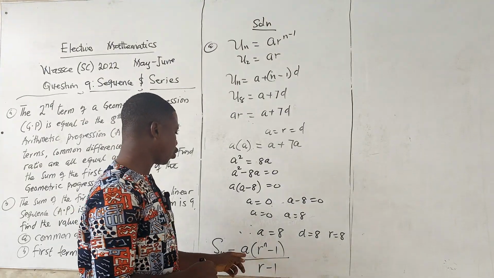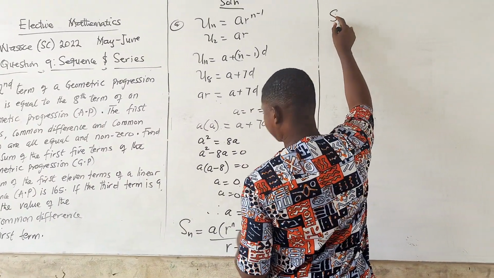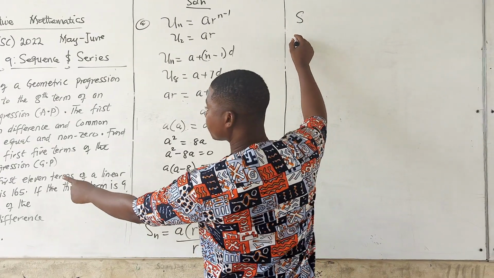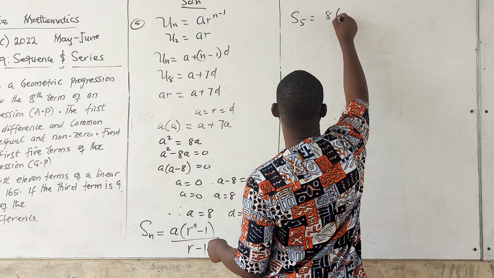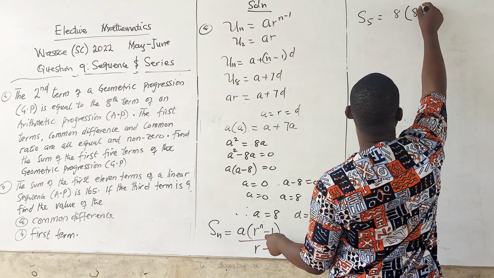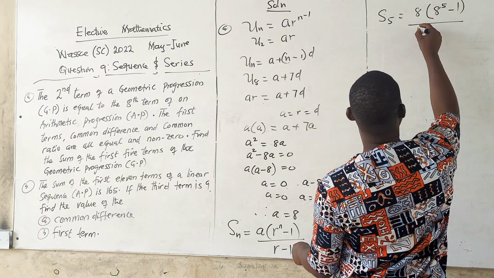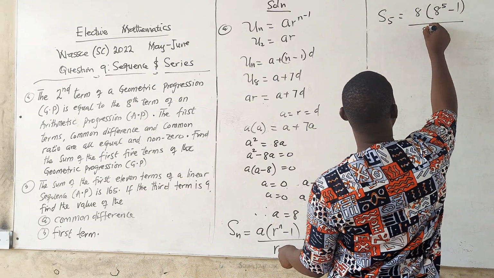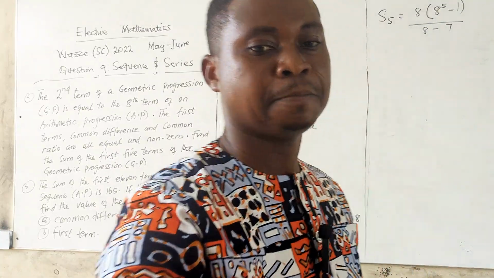Our A is 8, so S5 is equal to 8 into bracket 8 to the power 5 minus 1, all over 8 minus 1. So let's use our calculator.